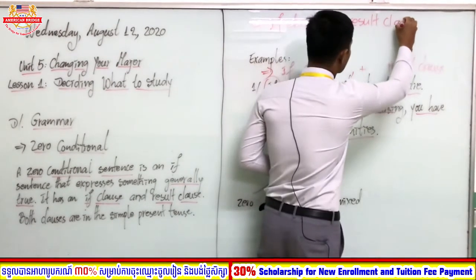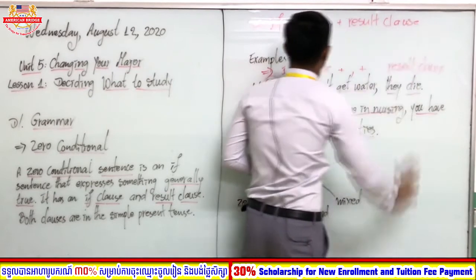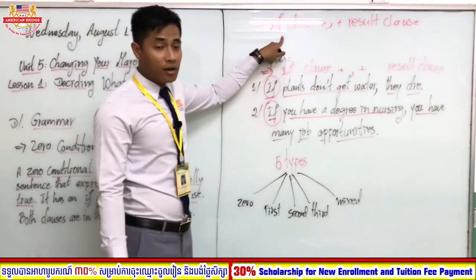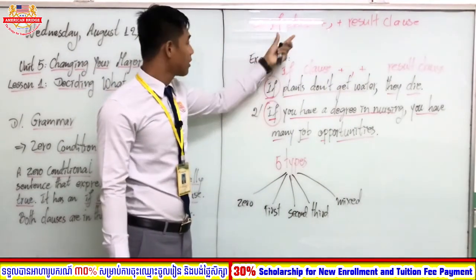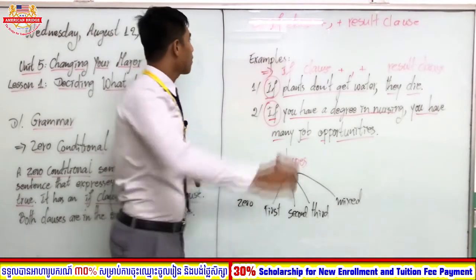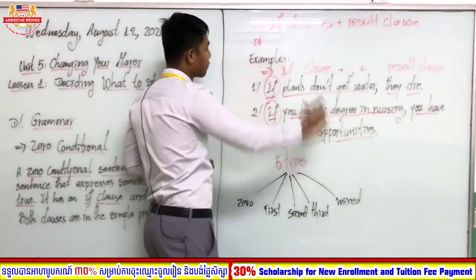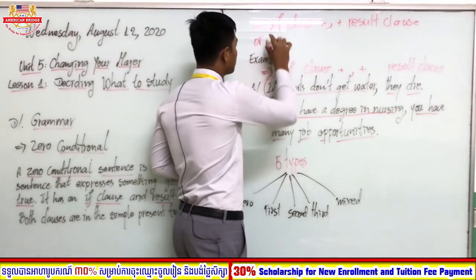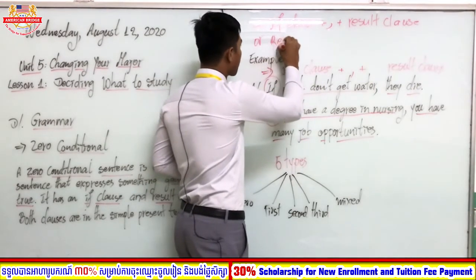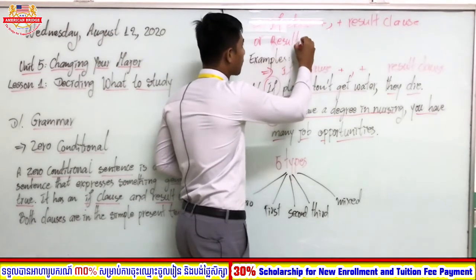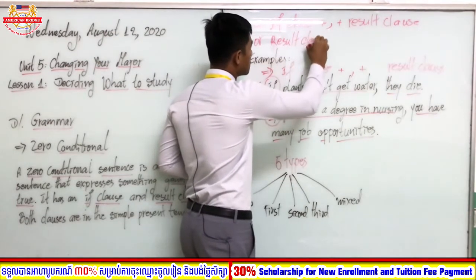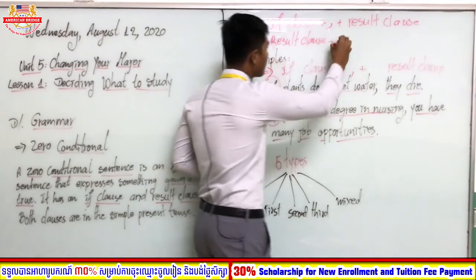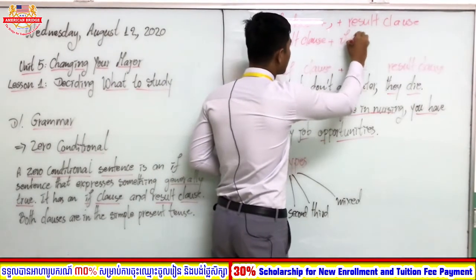Okay, result clause. This is one form of zero conditional, or you can write another form. You can write result clause plus if clause.